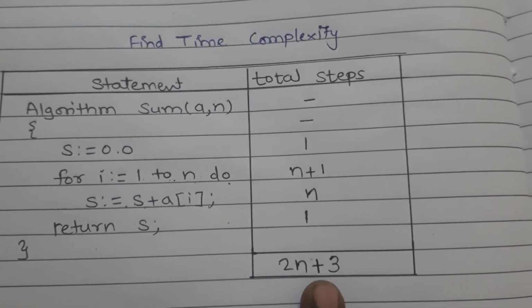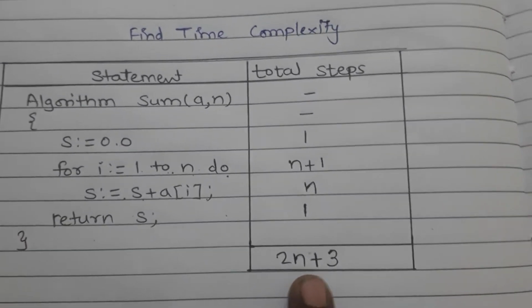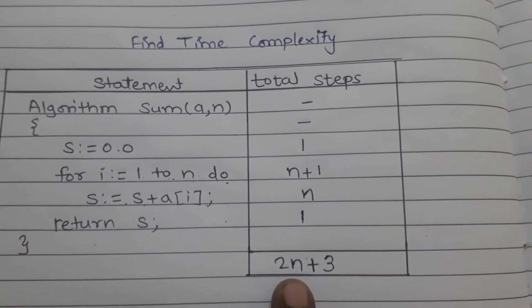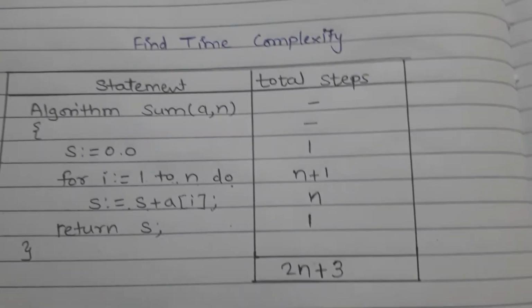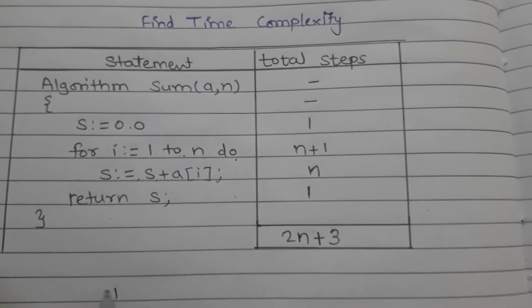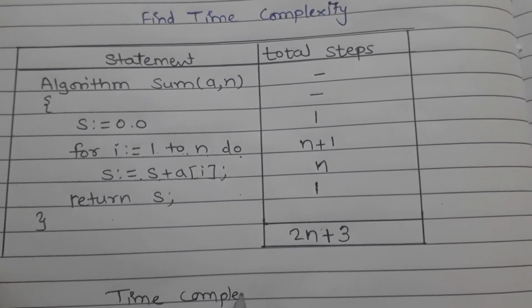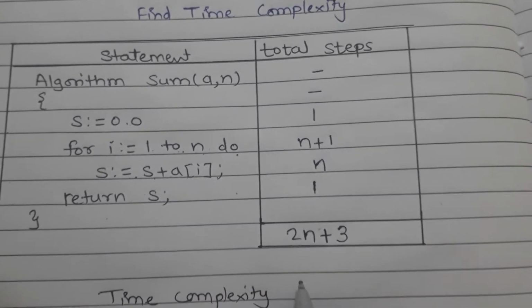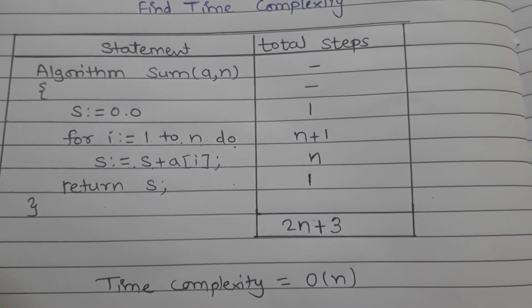Here n is of higher order than 3, so we can write that the time complexity to execute this code will be big O of n.